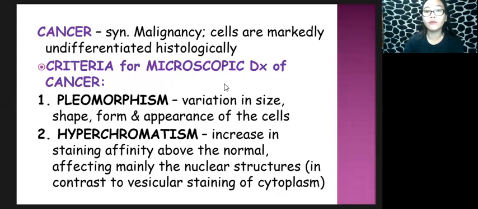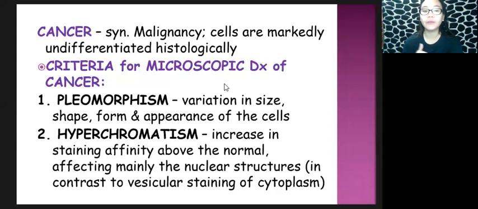What morphological variations are we able to see? There is a variation in size, in shape, in the form of your cells, and in the appearance of your cells. So in particular, your cells will appear undifferentiated or immature during microscopic diagnosis.